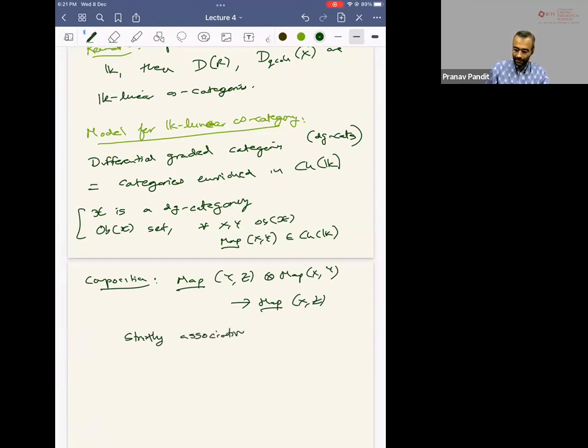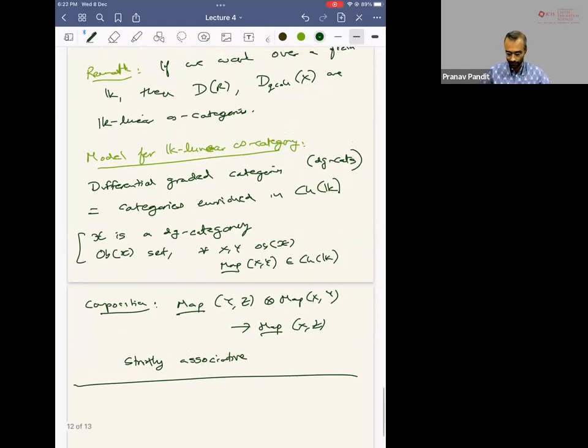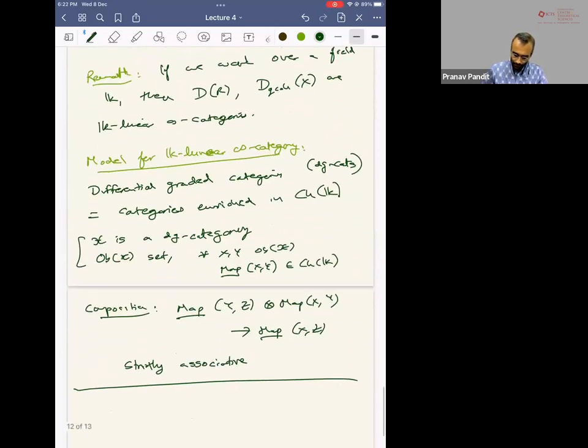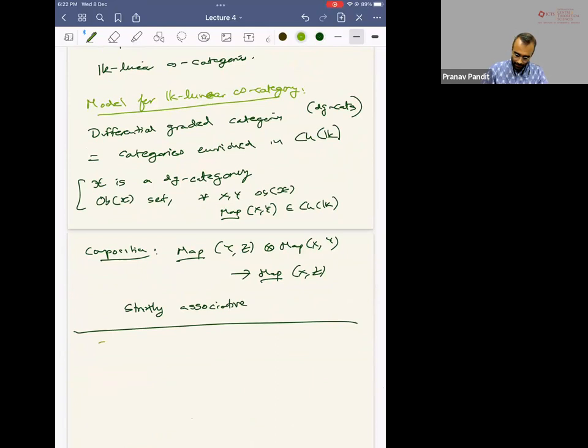And you can, of course, relax the associativity like I did in the first lecture and work with A infinity categories where associativity is only up to homotopy. And it turns out every A infinity category can be strictified and made into a thing where you have strict associativity, which is a DG category. So that's a theorem that works for A infinity categories, for infinity one categories. Anyway, so in this case, an example of this would be a DG category with one object.